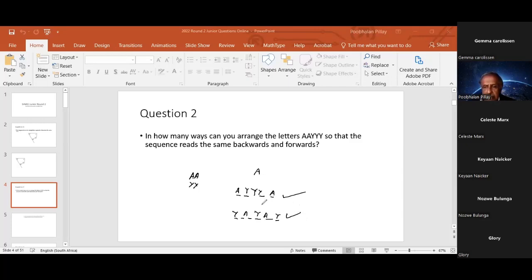This argument says there are only 2. For the first letter, an A, there's only 1, and the same with Y. So the question says, in how many ways can you arrange it? And the answer is there are only 2 ways. Okay, so that takes us to the third question.